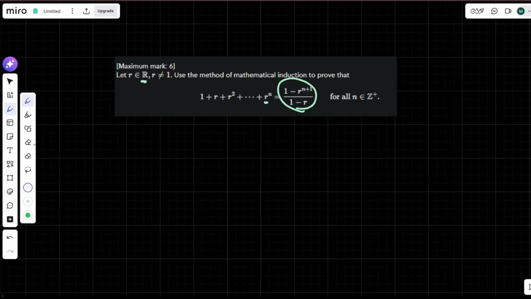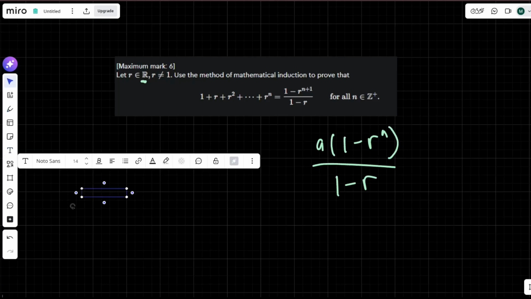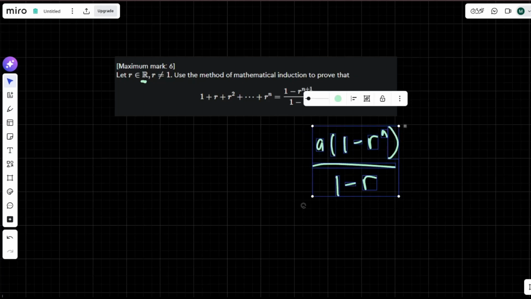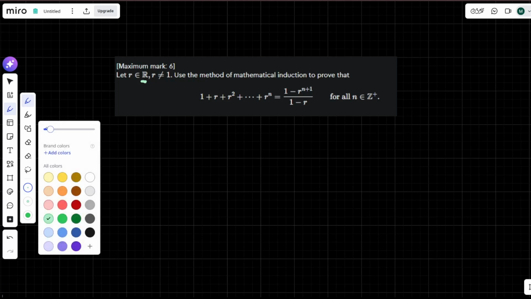And this looks to me a lot like our sum of a geometric sequence setup, right? a times 1 minus r^n over 1 minus r. I don't know if we're necessarily supposed to use that formula when we're solving this problem, but that's what this reminds me of. And we're also supposed to do this for all values of n, where n is a positive integer in this case.